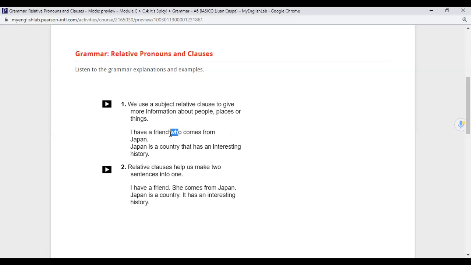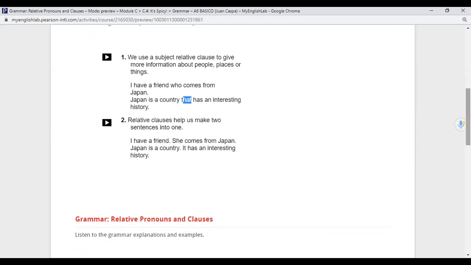This is a relative clause. Japan is a country that has an interesting history. Relative clauses help us make two sentences into one. I have a friend, she comes from Japan. Japan is a country and it has an interesting history.